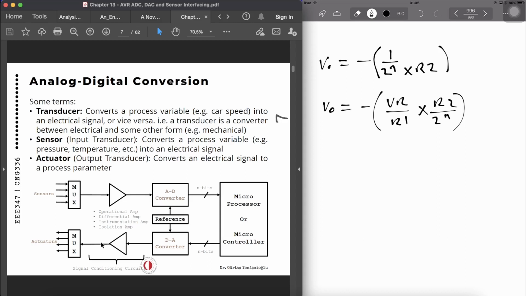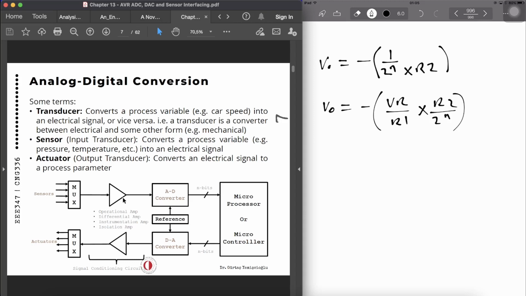We will have a similar conditioning circuit when we deal with the analog to digital converter as well, which I'm going to explain in a minute. In this case, moving in the opposite direction, basically processing the output of a sensor before the analog to digital converter can use it.